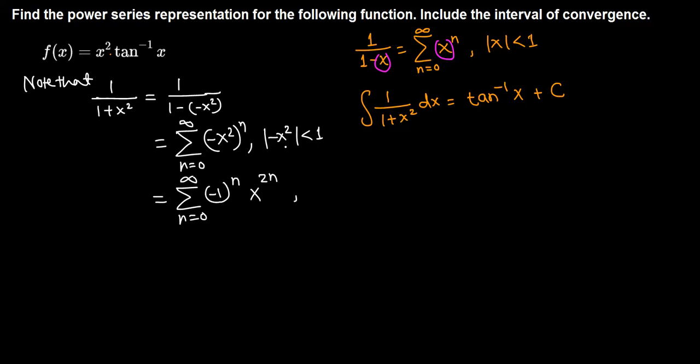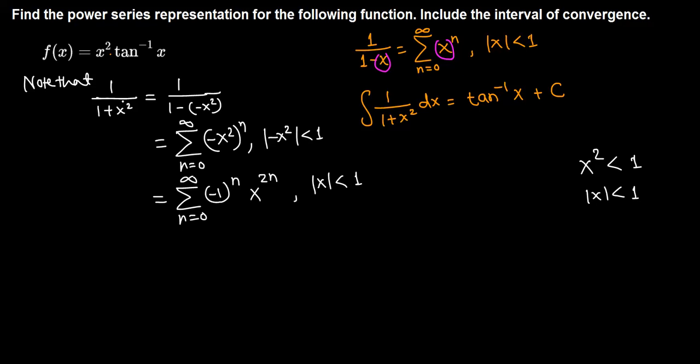So this is basically x squared less than 1, and if we take the square root of both sides, we get absolute value of x less than 1. The square root of x squared is the absolute value of x. That means x is between negative 1 and 1.